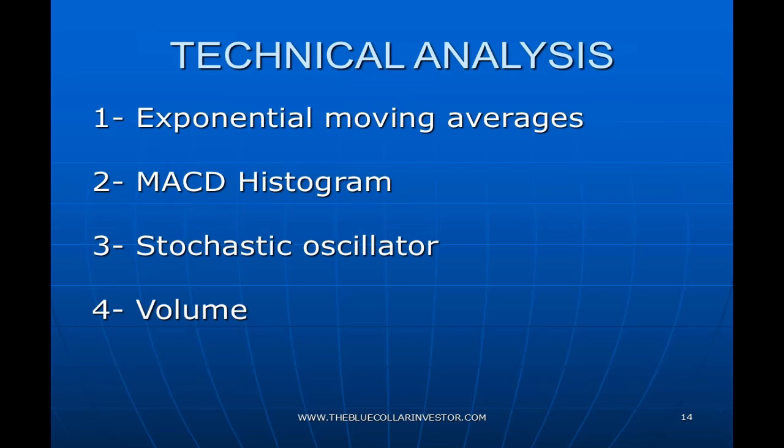I use moving averages, 1 or 2 momentum indicators, and I use the MACD histogram and the stochastic oscillator. And I believe that you should be able to take a look at volume so you can confirm the other indicators or look for divergence, and you'll see in the next chart. So those are the parameters that I use. If you've never heard of these before, don't get intimidated by them. You do not have to be Albert Einstein to read a price chart.